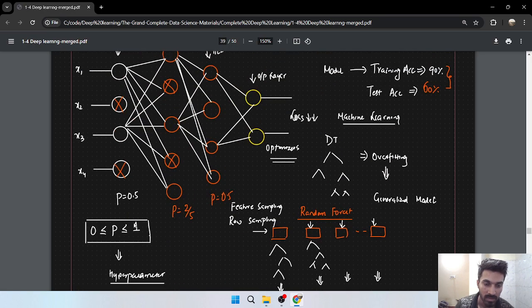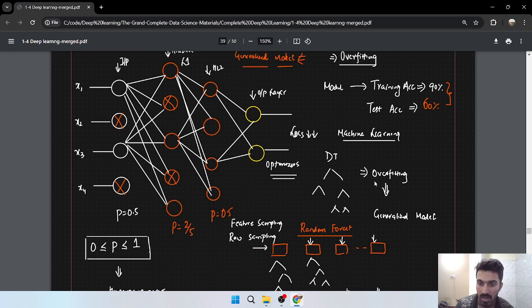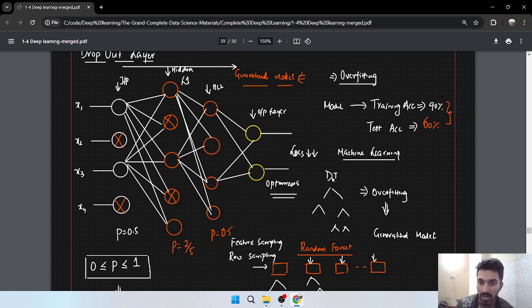And basically it's P, your hyperparameter. Feature sampling, row sampling, random forest, overfitting, generalized model, decision tree.